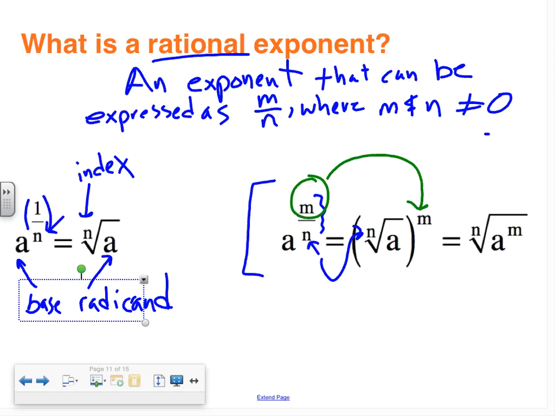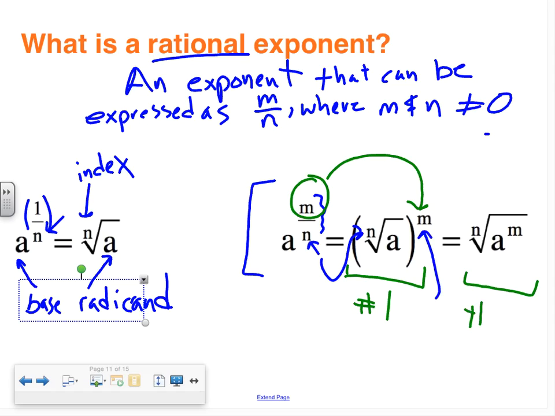Now, I want to point out that this is one way to rewrite the exponent a to the m over n power. You can also switch the order of operations. So, in example number 1, you're doing the radical first and then doing the power second.